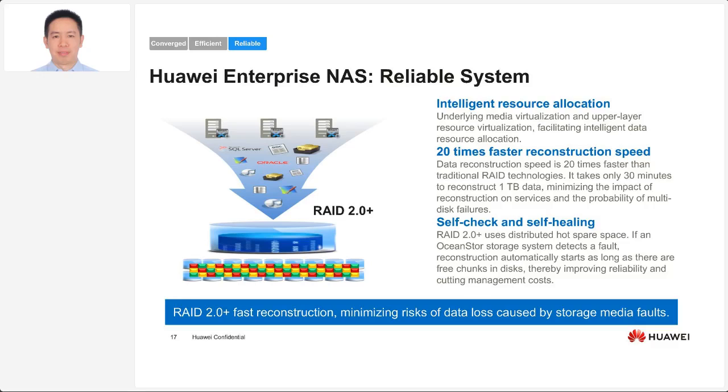Because we have a self-checking and self-healing system in RAID 2.0 plus, which uses distributed hot spare space. If an OceanStor storage system detects a fault, reconstruction automatically starts as long as there are free chunks of space in the disks, thereby improving reliability and cutting management cost as well.